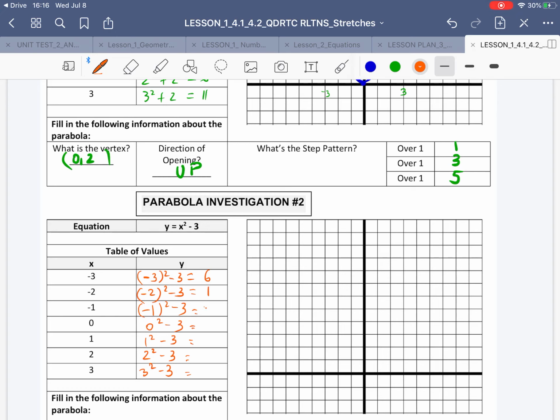So here we go again. We have 4 minus 3, 1. 1 minus 3, negative 2. Negative 3. And then negative 2 again. 4 minus 3, 1. 9 minus 3, 6.